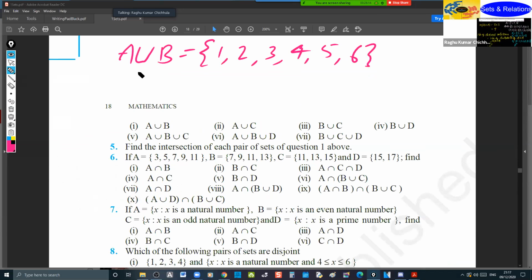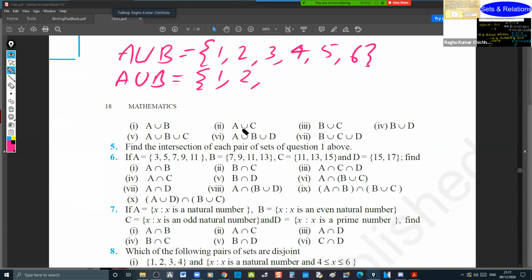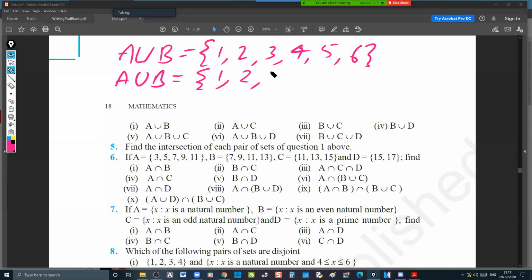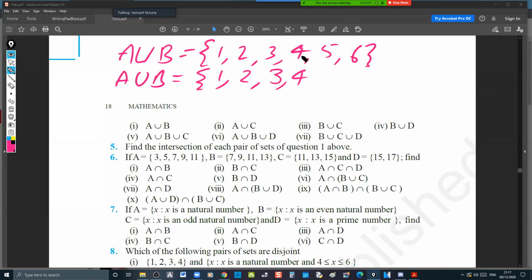Similarly, tell me A union C. 1, 2, 3, 4, 5, 6, 7. Repeat. A union C. Yes, sir. 1, 2, 3, 4, 5, 6, 7, 8. C is nothing but I think 7, 8, 9, 10. Just check. No, sir. D is 7, 8, 9, 10, sir. Okay. C is 5, 6, 7, 8. So that's correct.